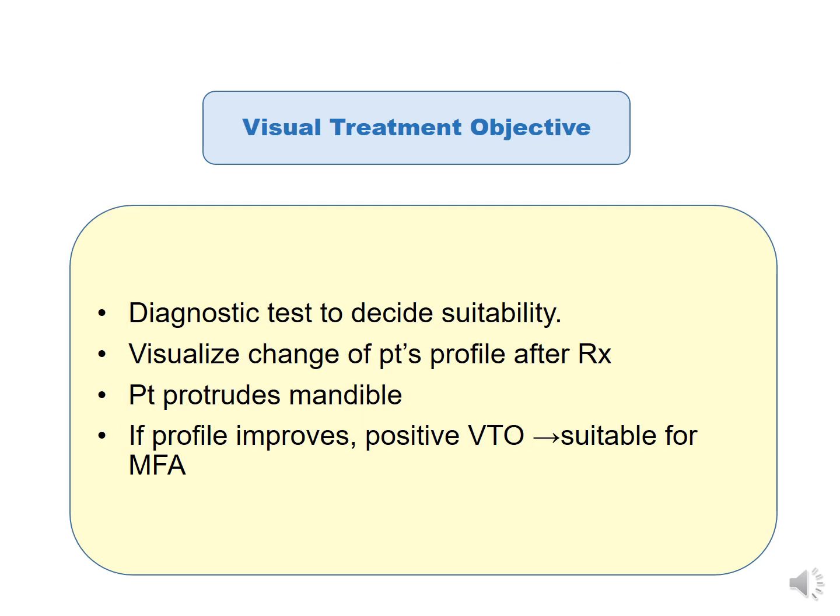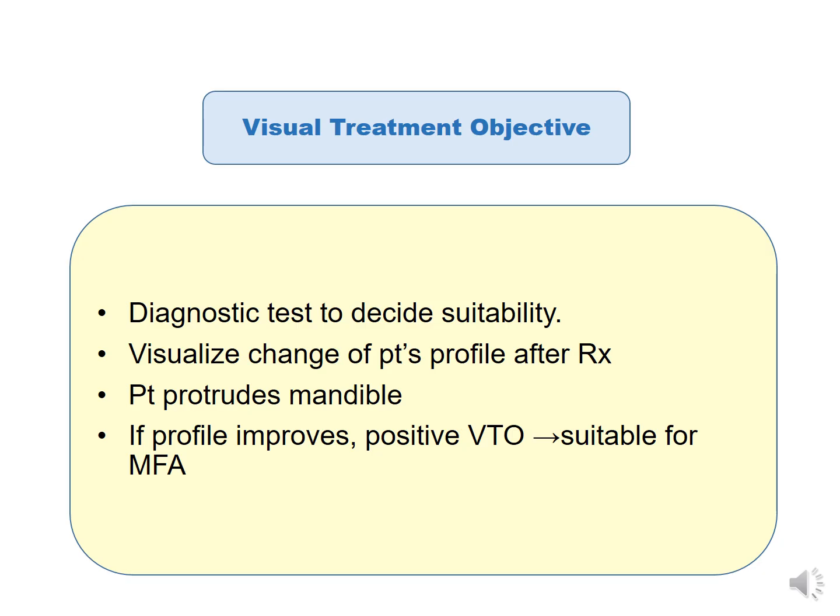Now, a word about visual treatment objective. Visual treatment objective, or VTO, can be a useful diagnostic test to decide the patient's suitability for treatment with myofunctional appliances. This involves visualizing the change of the patient's profile after treatment.